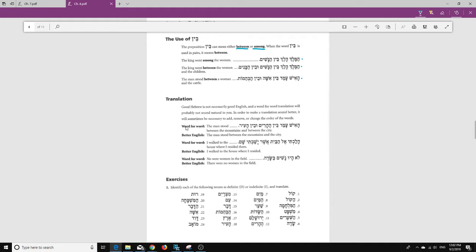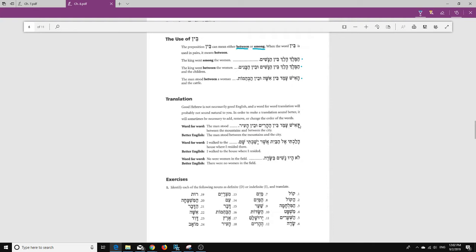Although I would at least prefer that you know what the word for word is, so you can get a little better sense of what the sentence is saying in the actual Hebrew. So here we have Ha'ish Amad Bain Haharim Uvein Ha'ir.